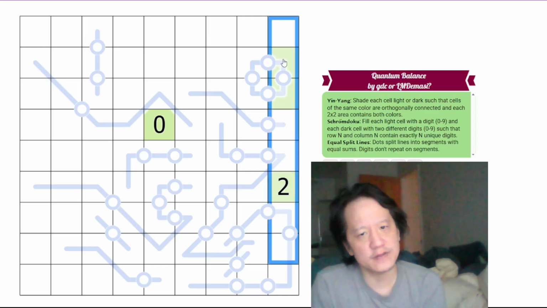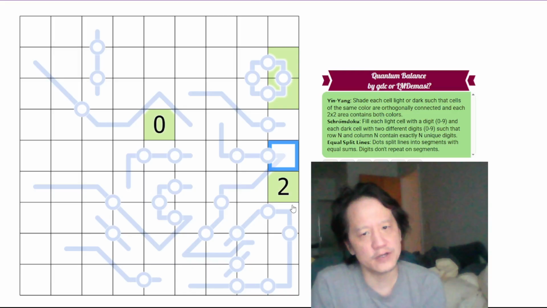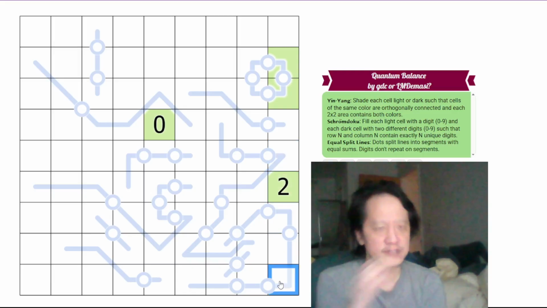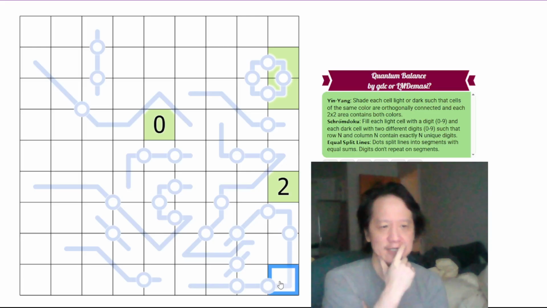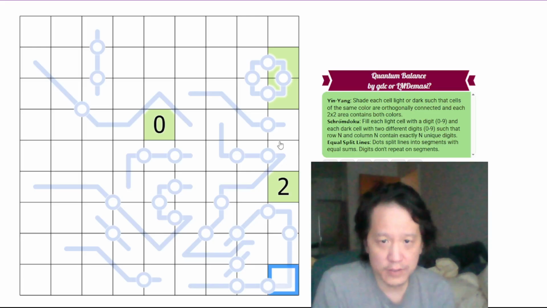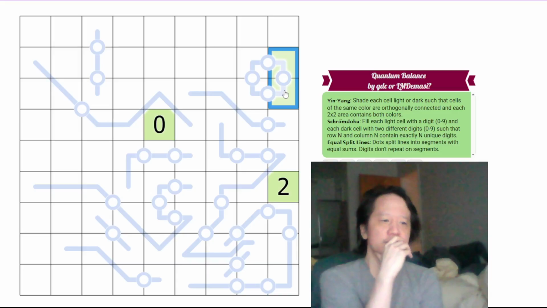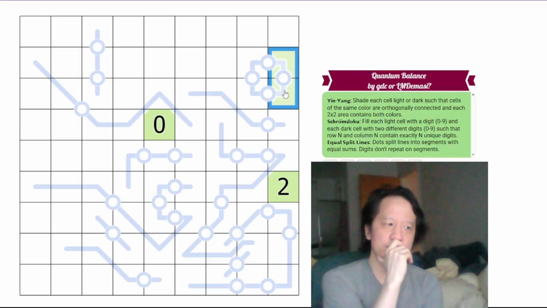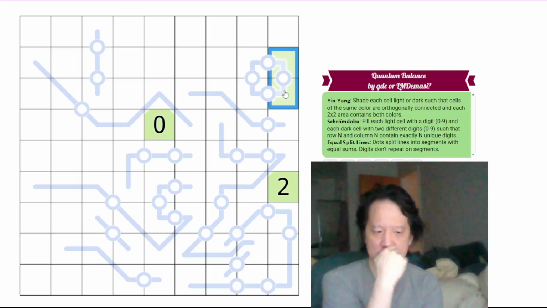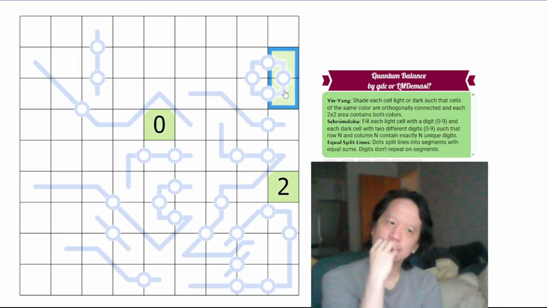Because if we had this is 1, 2, 3, 4, 5, 6, 7 cells, we need 9 unique digits. These are the same digit. Huh. Interesting.